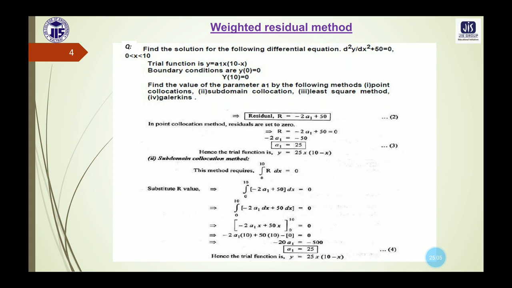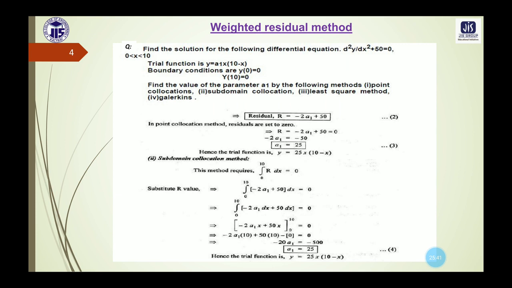Next, we need to find the value of the parameter a1 using the subdomain collocation. In this method, the formula is integration from 0 to 10 of R dx equals 0. Earlier in the point collocation method, it was only R equals 0.